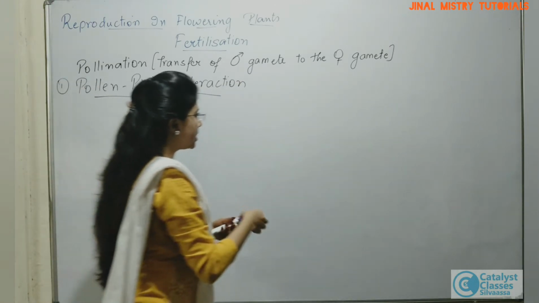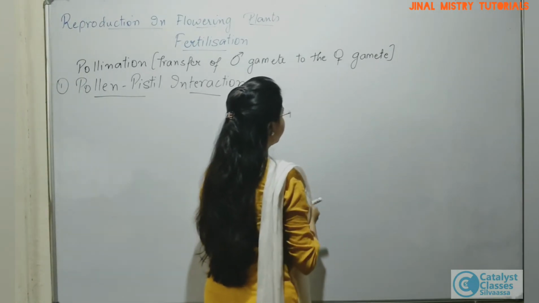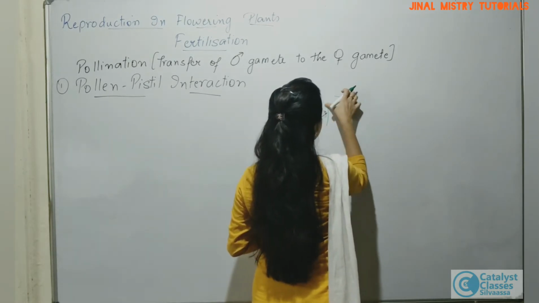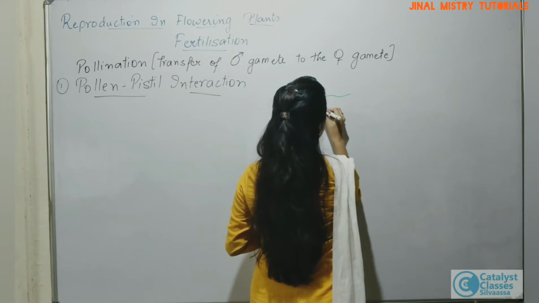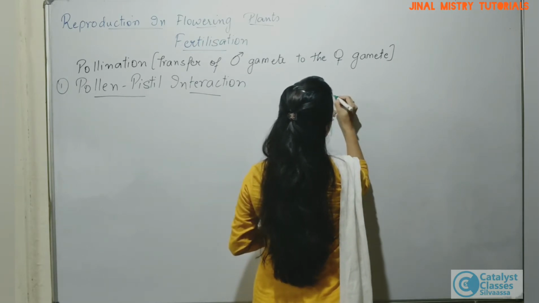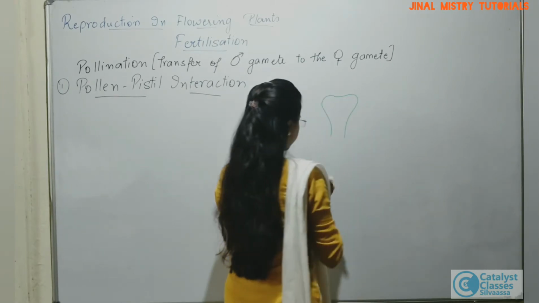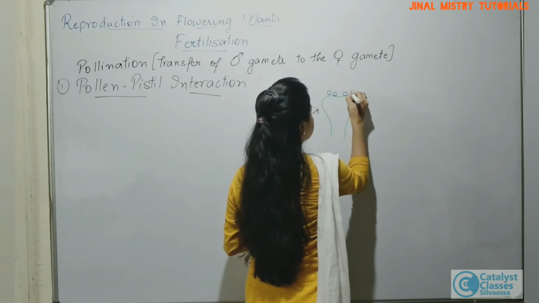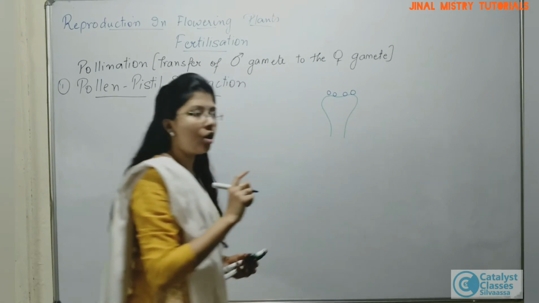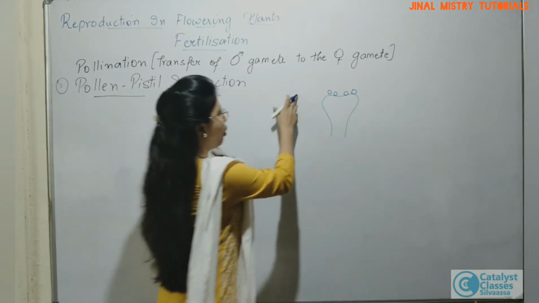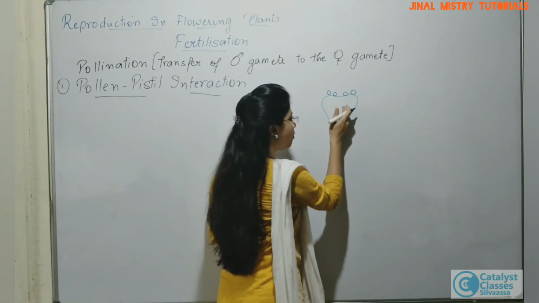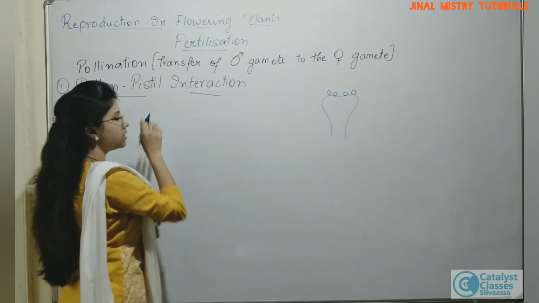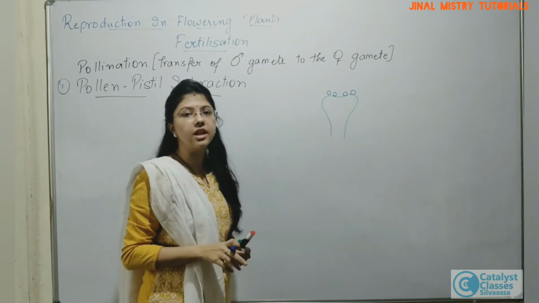So what happens is, on the stigma of a flower, the pollen grain is going to land. There can be many pollen grains falling on the stigma at the same time. Okay? So the events from where the pollen lands on the stigma until pollen tube formation takes place all come under pollen-pistil interaction.